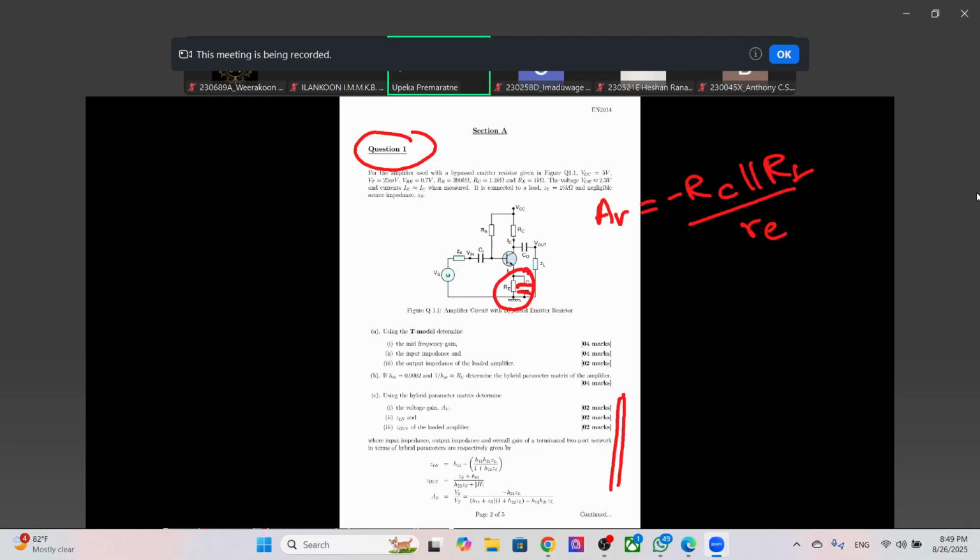So this is a common emitter amplifier with fixed emitter bias, and the emitter resistor is bypassed.